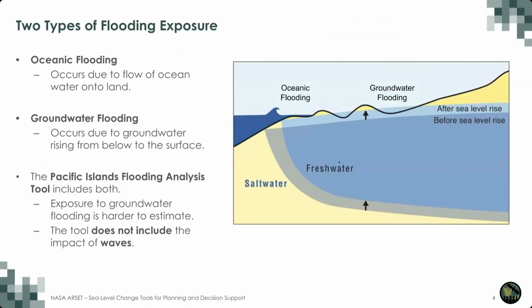And on the right-hand side of the screen, you can see this darker shade of blue. This is where the groundwater would be before sea level rise. And then after sea level rises, it exerts a pressure on that groundwater reservoir, and it causes the groundwater to rise up. And as the groundwater rises up, you can see it gets out into some of these low-lying areas on the land.